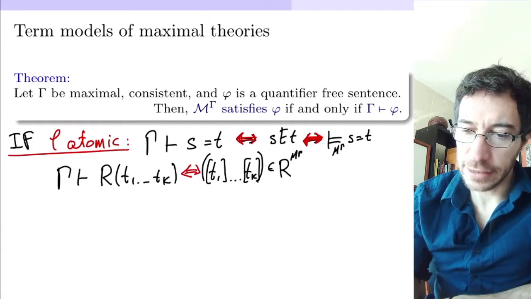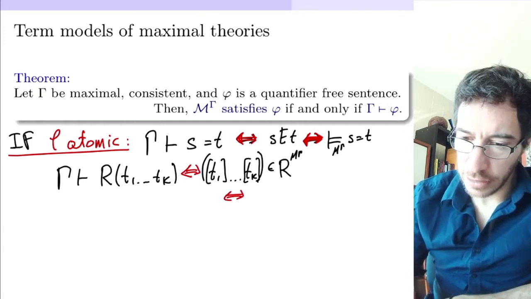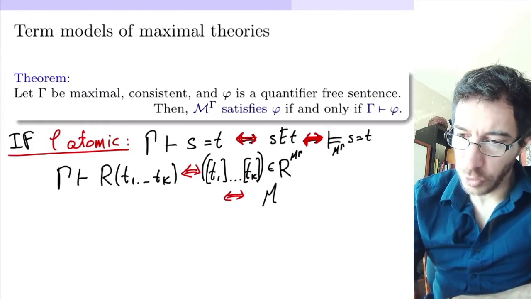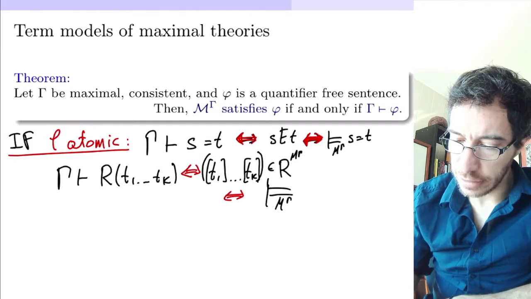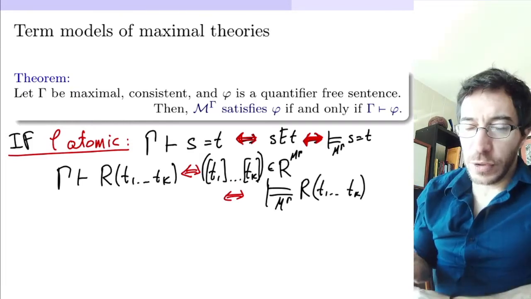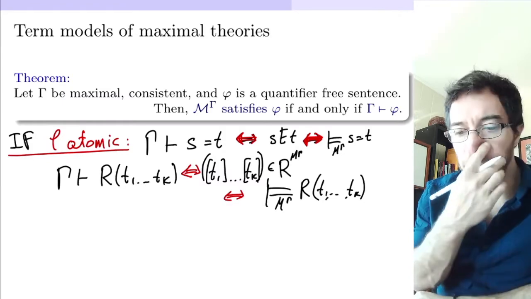And that is exactly the same thing as saying, by definition of what it means to model something, that M gamma satisfies R of T1, ..., Tk. Right, so for atomic formulas, this is the case.